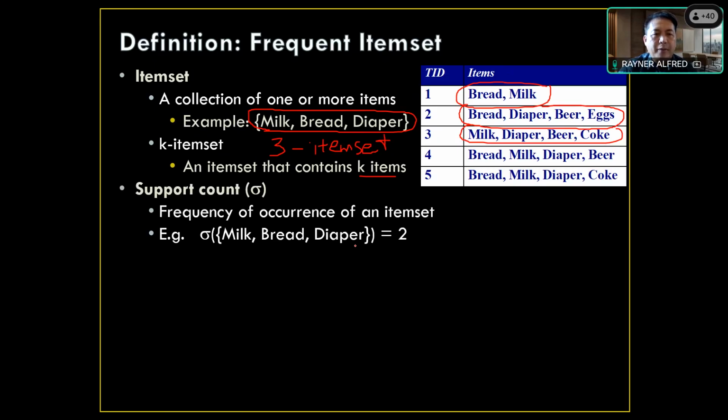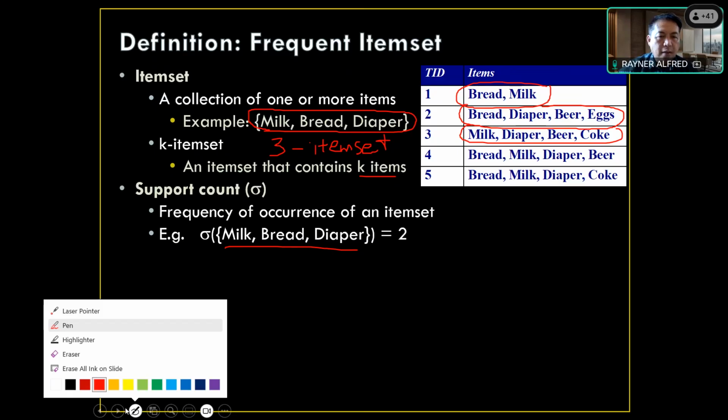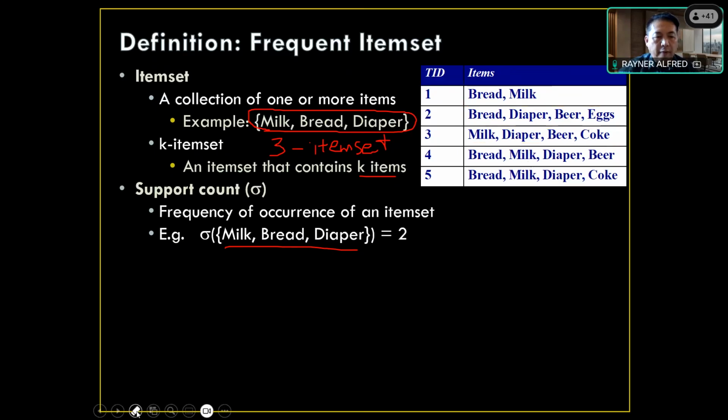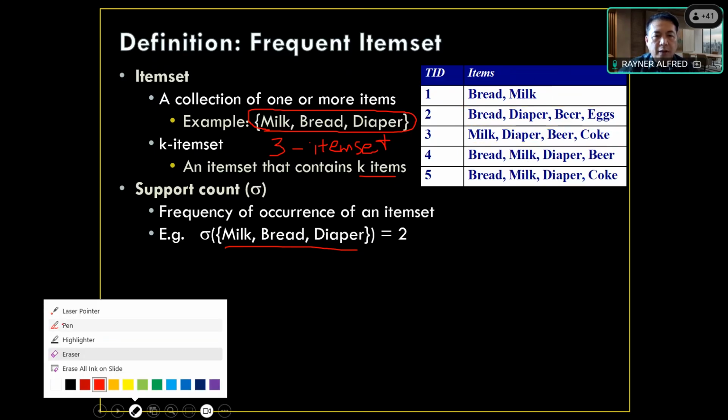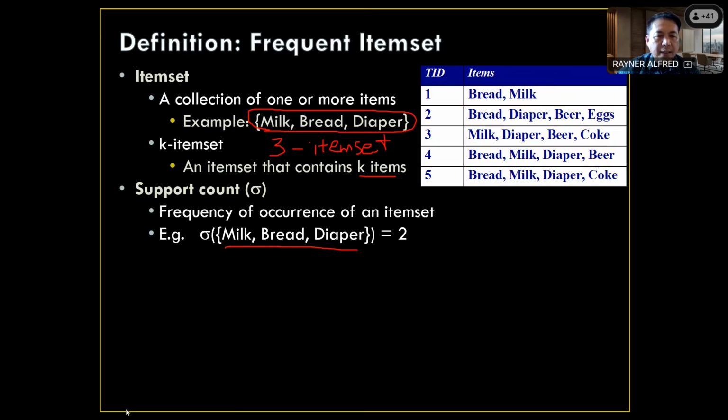We also have this support count. The support count refer to the frequency of occurrence of an item set. So for instance, if you have this item set, how many times they exist in the transaction? Okay. So for this one, we have 2 because this 3 item set exists 2 times.